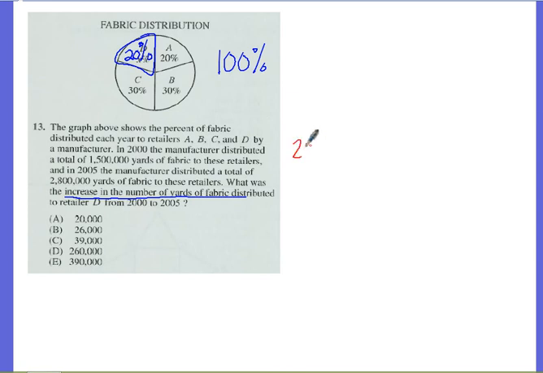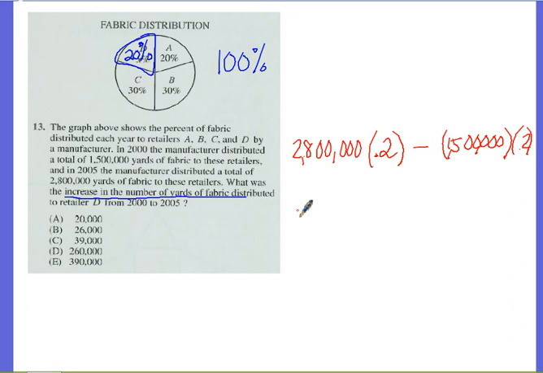So that would be 2,800,000. And retailer D only did 20% of that. And then you want to subtract the 1.5 million, I believe, is the number. Times 0.2.